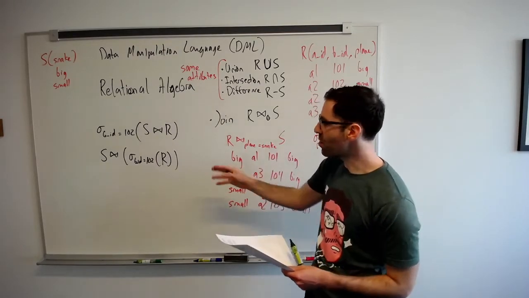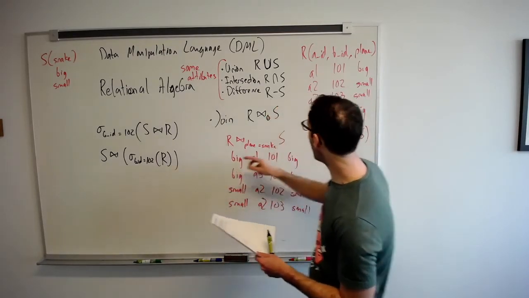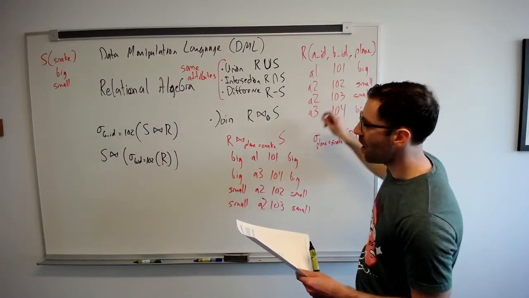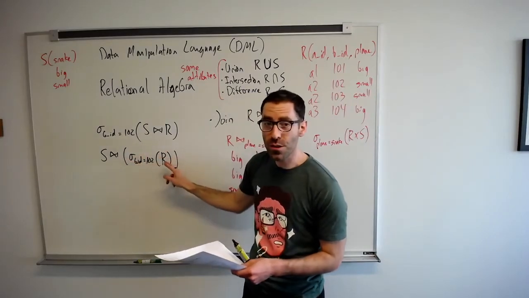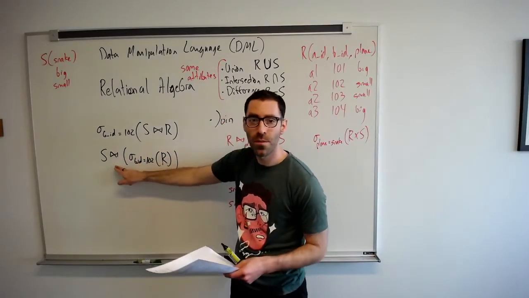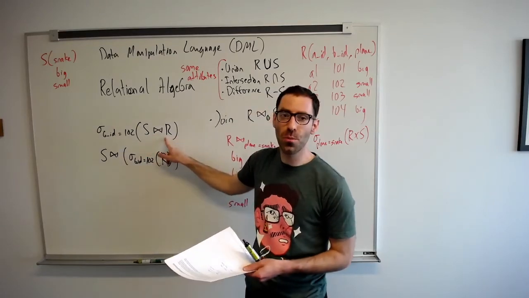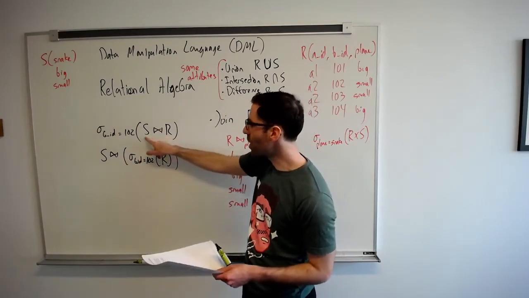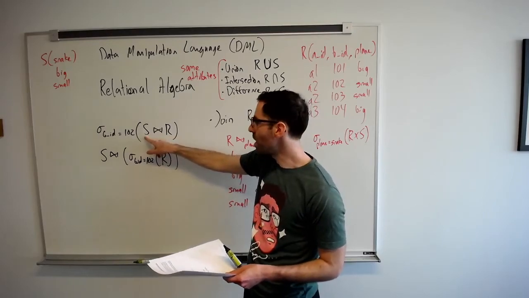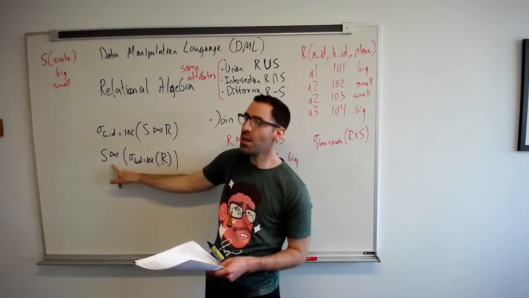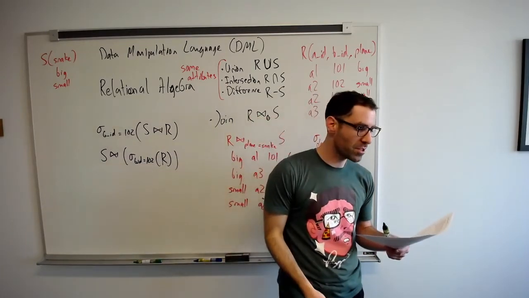If there's only, say, one tuple that has BID 102, if we select that first and then do the join, that might be a lot faster than doing a join if there's a billion tuples in R. Joining that with S might take a while, whereas if we select a single tuple out of R first and then do the join, that might be a lot faster.